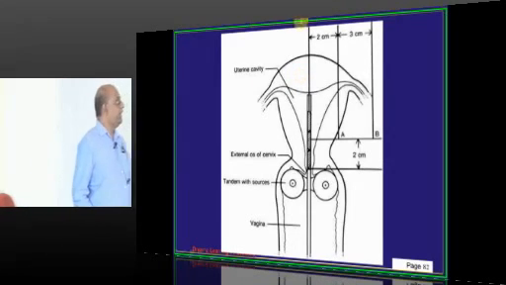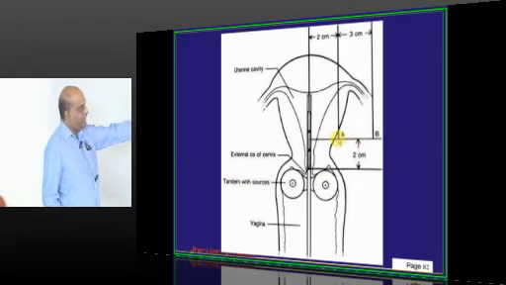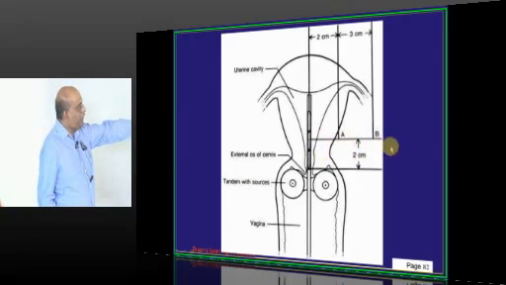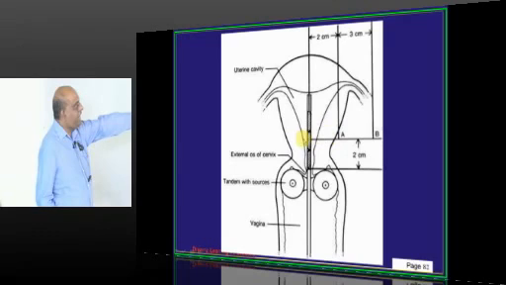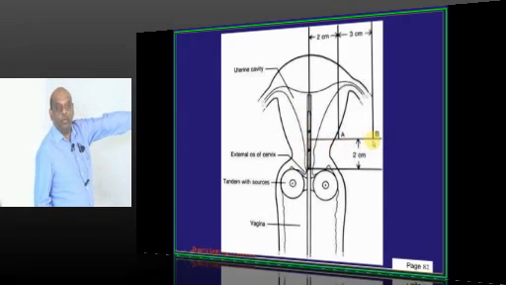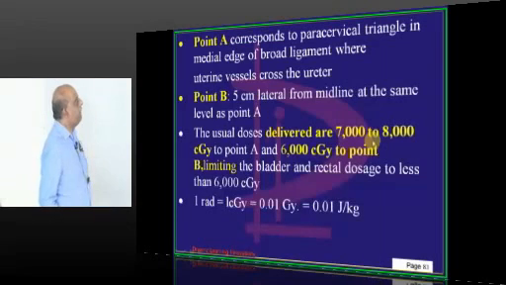So you have a point A and a point B. Point A and point B are in the same plane, but the distance will differ. Point A is 2 centimeters from the central point, and point B is 2 plus 3, 5 centimeters away from the central area, towards the lateral pelvic wall. This needs to be remembered.